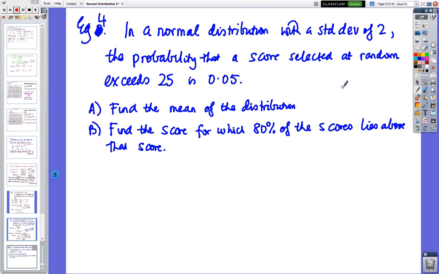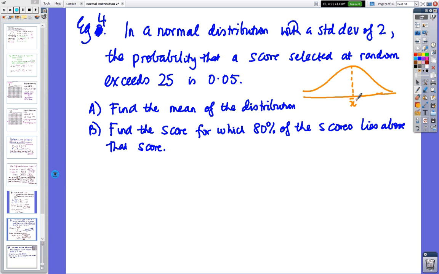Okay, so this last one, in a normal distribution with a standard deviation of 2, the probability the score selected at random exceeds 25 is 0.05. Find the mean and find a score for which 80% of the scores lie above. Okay, so let's have a look at what the diagram looks like so we don't get too confused. Okay, so we don't know the mean.